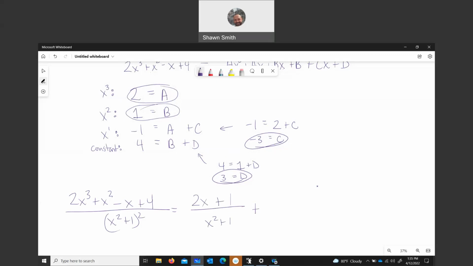And then over here, this one was x squared plus 1 all squared, and this was cx plus d, so negative 3x plus 3. That's it.